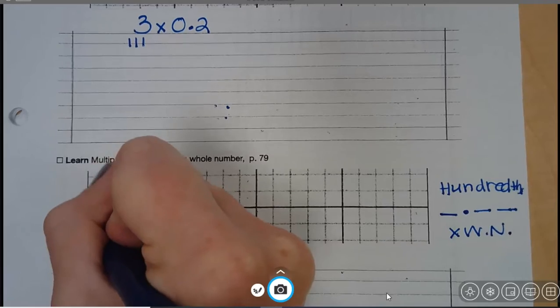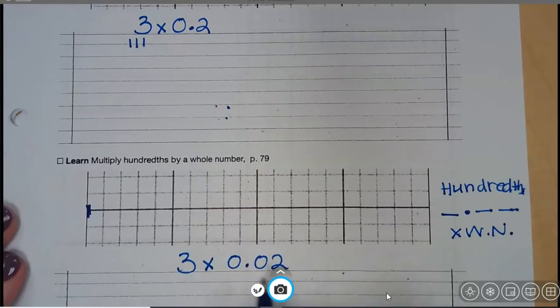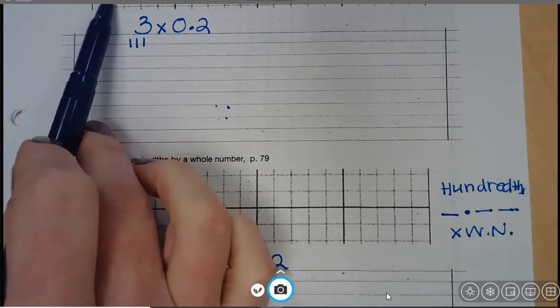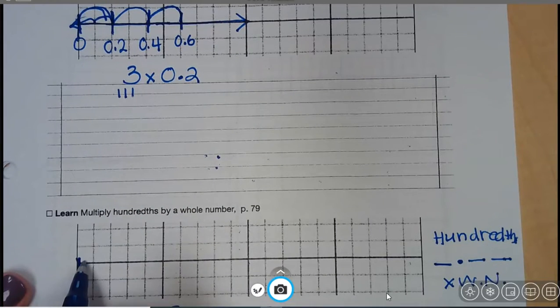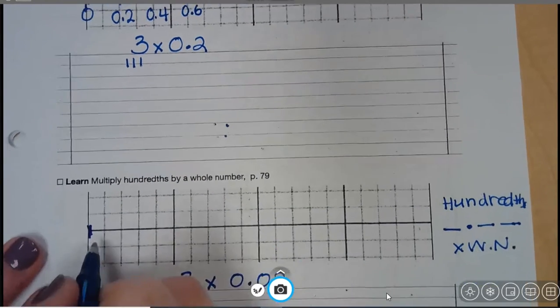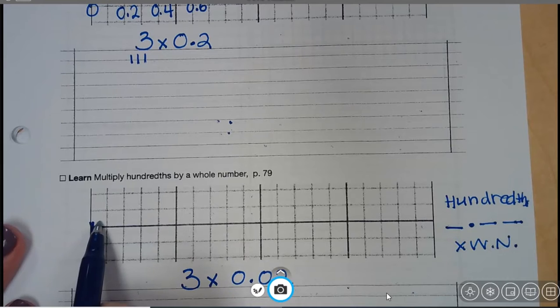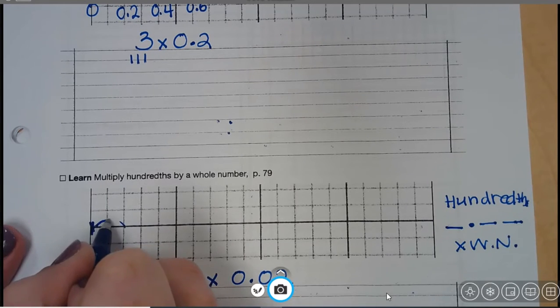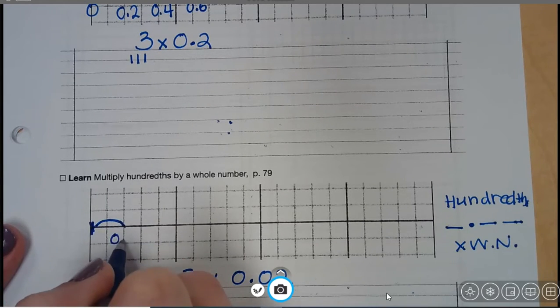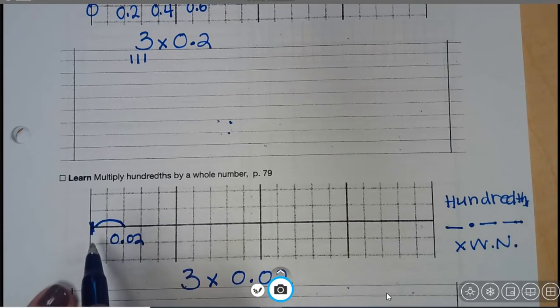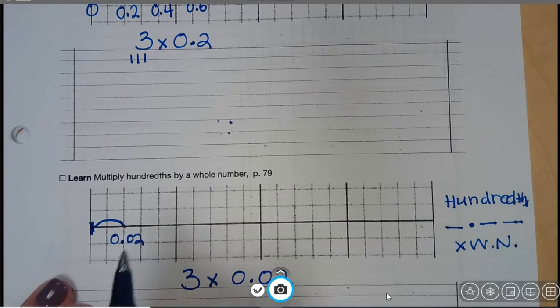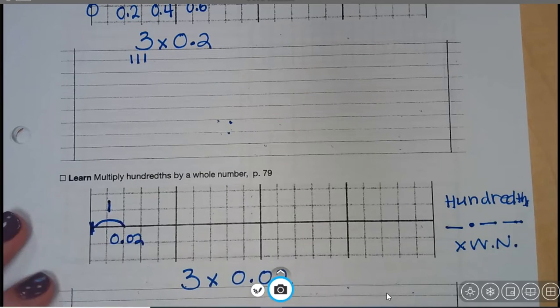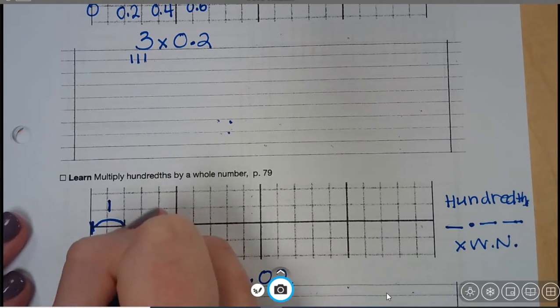So if I start again at 0, now I'm jumping by 2 hundredths, which on this number line here would be so tiny that I couldn't even see it. So I'm going to use that same jump to show 2 hundredths. I'm just going to number my number line differently. So now I'm going to say that that jump represents 2 hundredths. And I'm going to jump 1 time there.